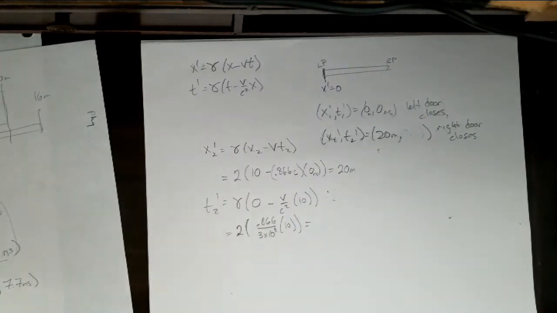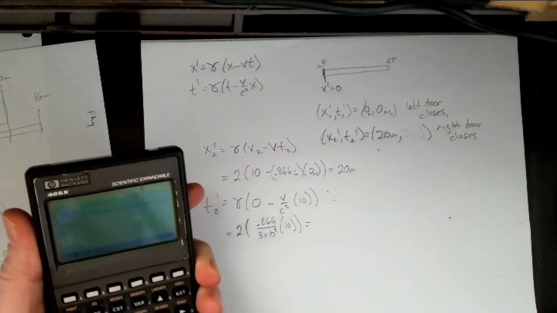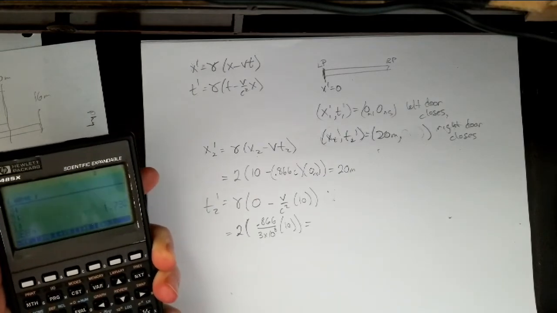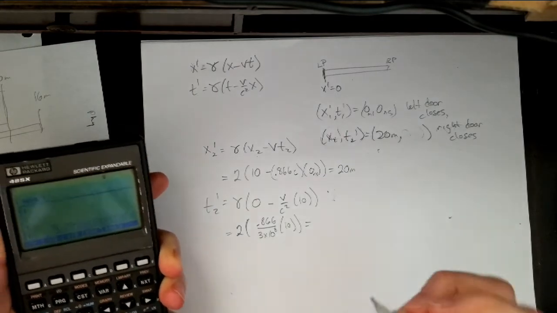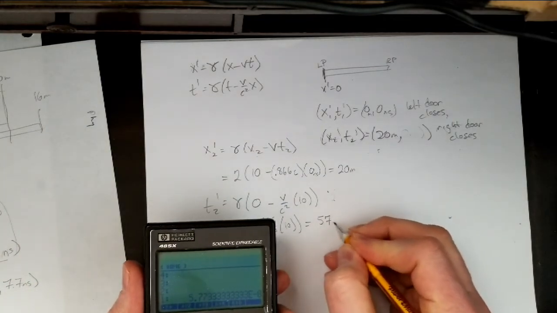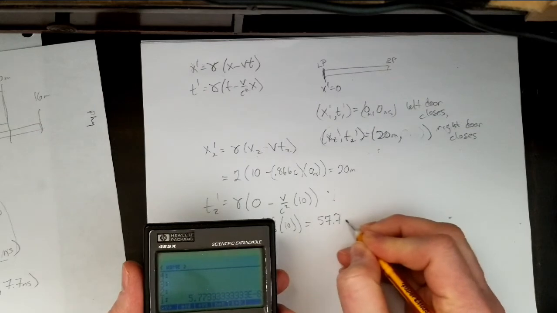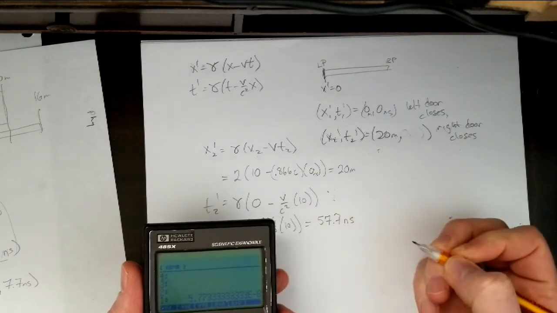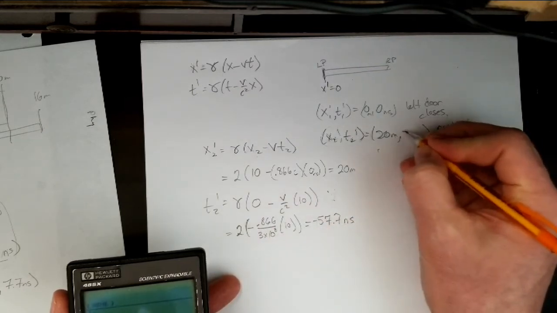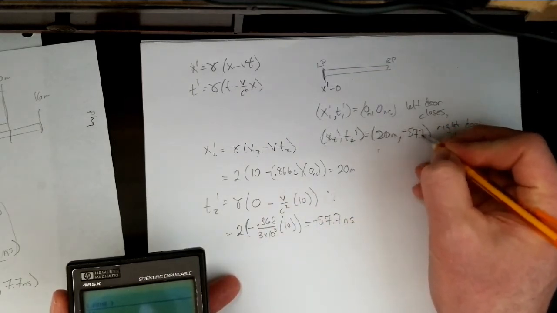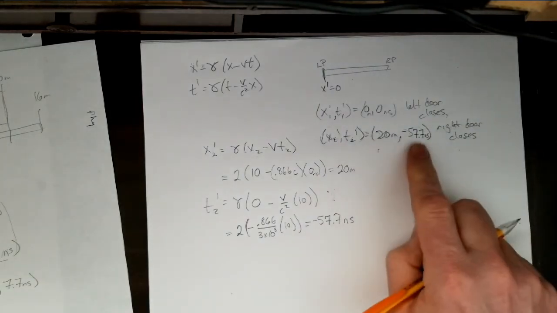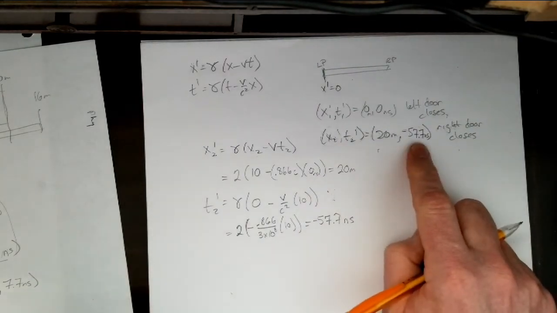Work that out on the calculator: 2, enter, 0.866 times 3e8 divided by 10 times, and we end up with 57.7 nanoseconds. Negative. So negative 57.7 nanoseconds. So from the pole's point of view, the right door is closing before the left door closes.